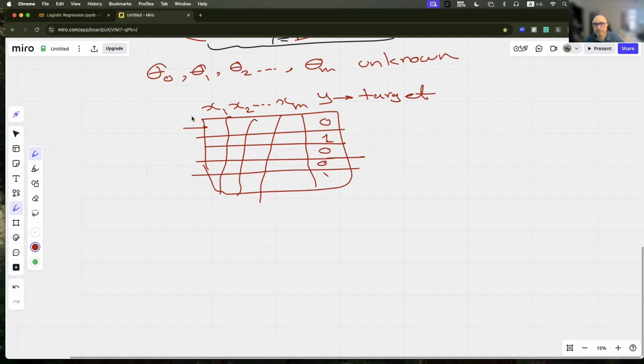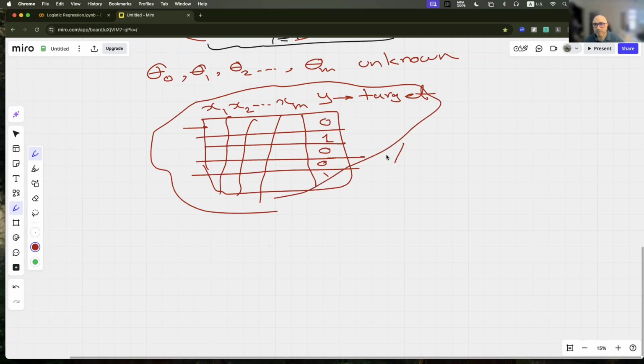So these are all known, and we're going to use this information to train a model to calculate those thetas, based on the data sets that we have here.